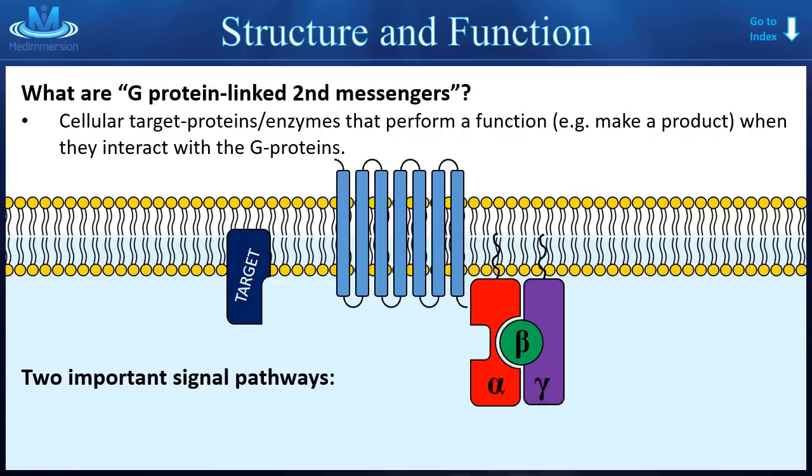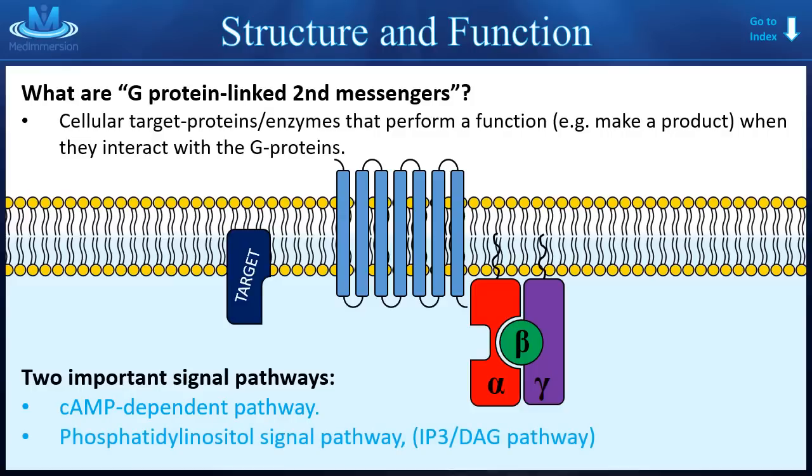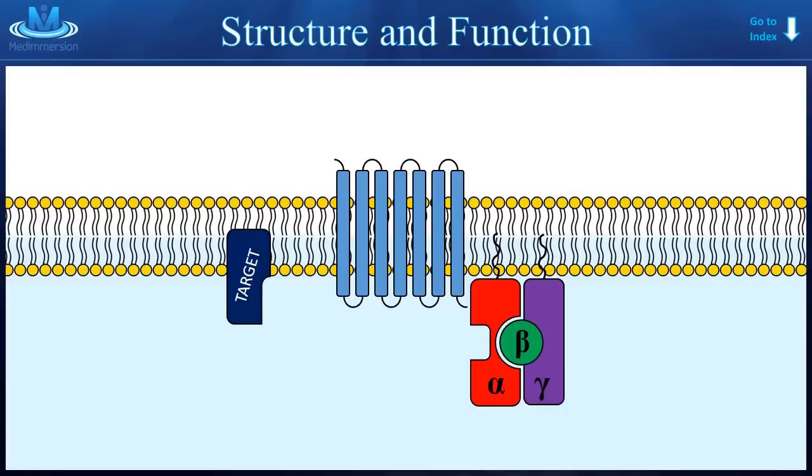And those two are the cyclic AMP-dependent pathway and the phosphatidylinositol signal pathway, which I abbreviate here as IP3-DAG pathway. So right now you're probably thinking, Dr. Joel, I have no idea what you're talking about. Don't worry, I will show you the whole thing working, and we'll talk about the parts as we go. I'm pretty sure that it'll make sense after we go through it.